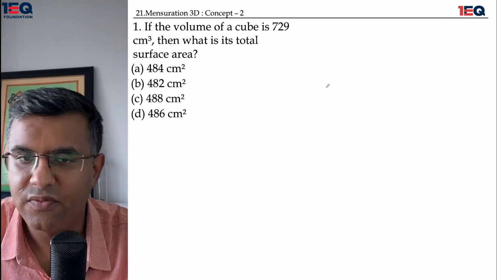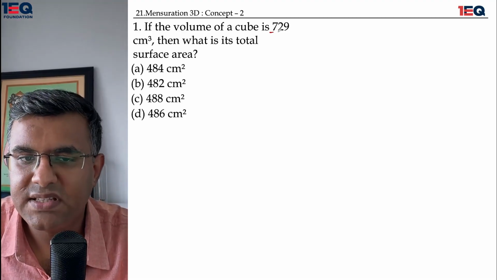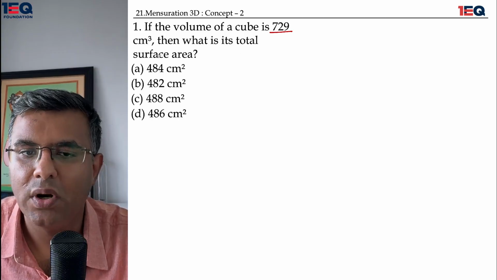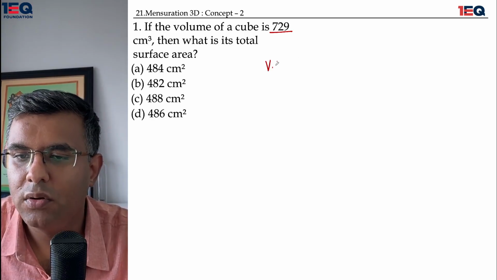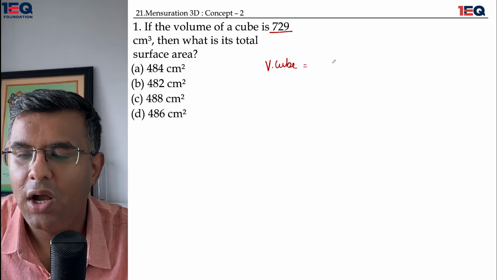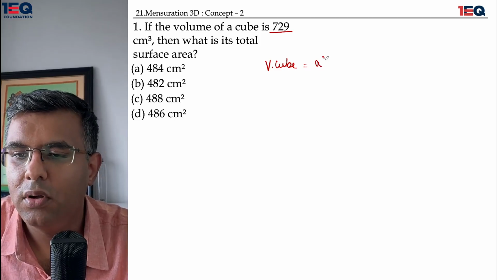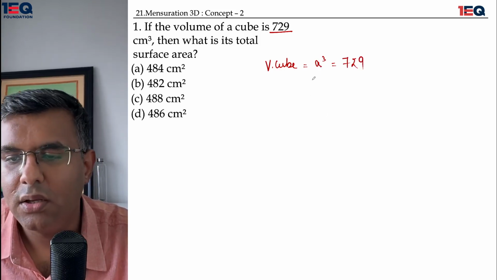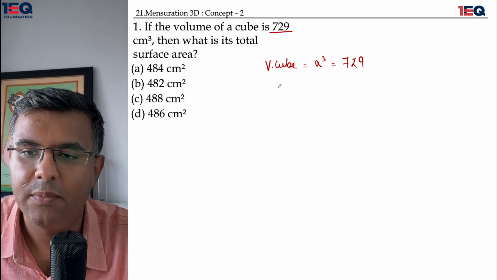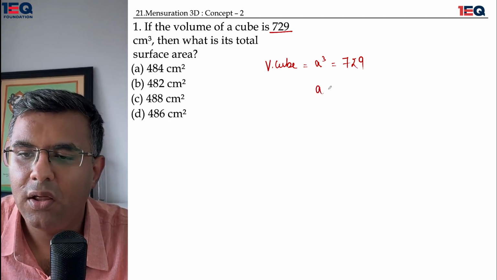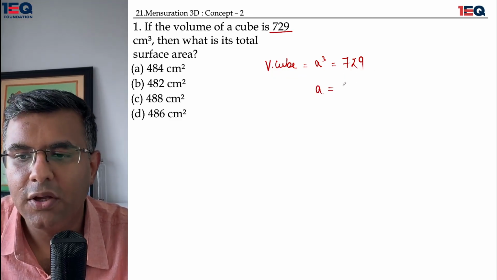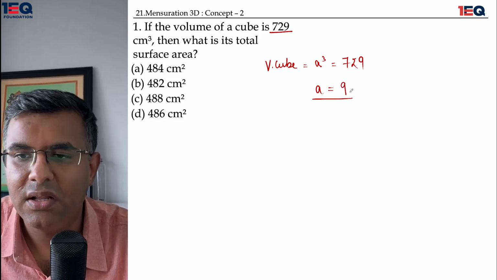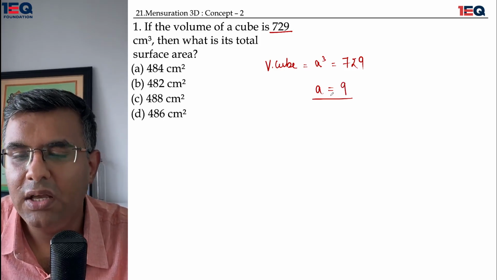Good, let's move on. If the volume of a cube is 729 centimeter cube, then what is the total surface area? If I'm talking about the volume of a cube, a cube is equal to 729. To find a, we have to find the cube root of 729, which is nothing but 9. So a is equal to 9.